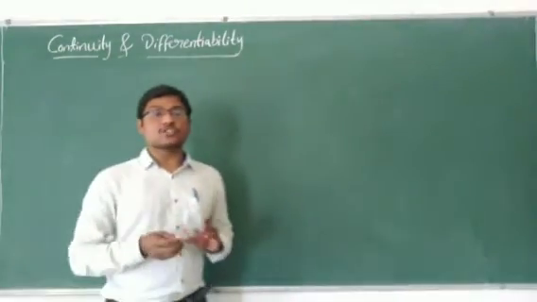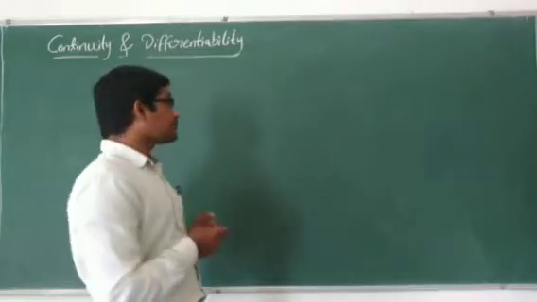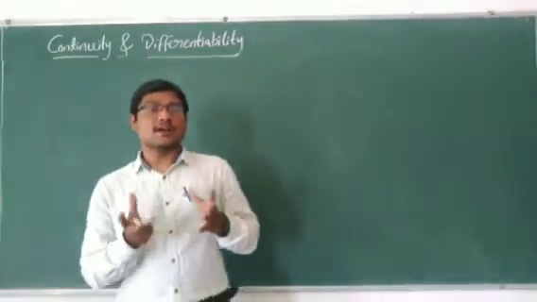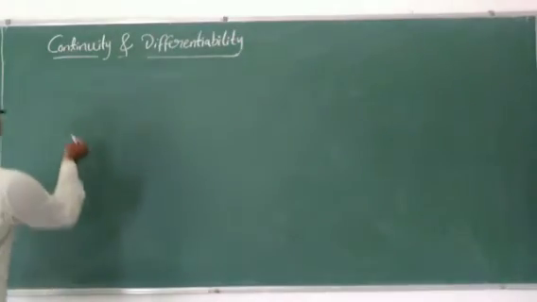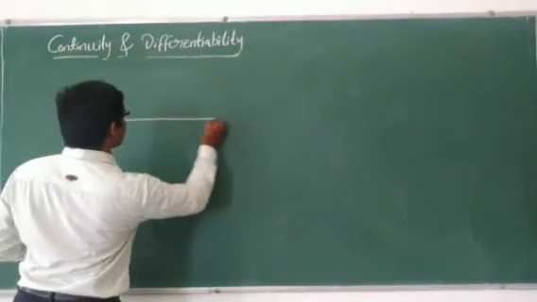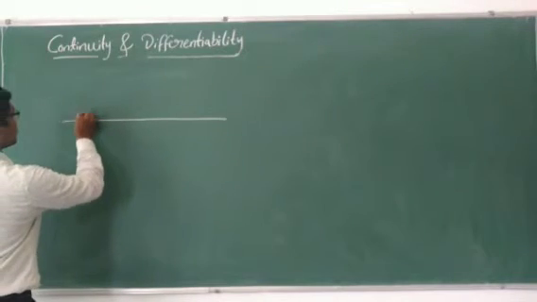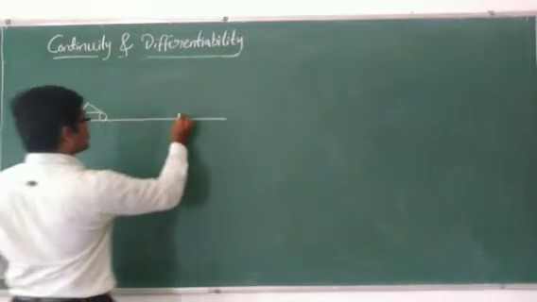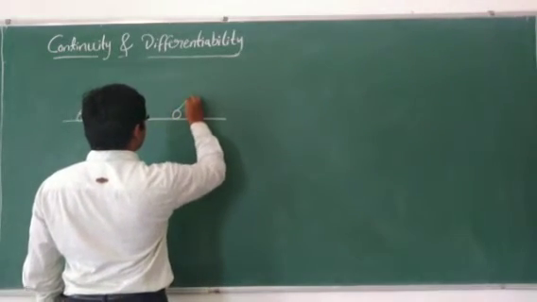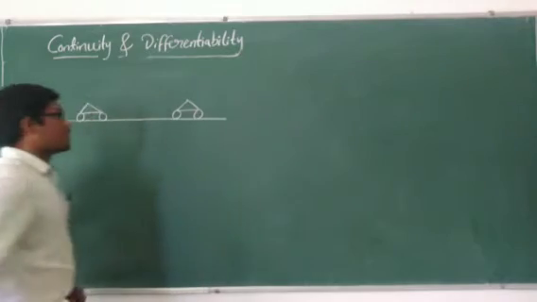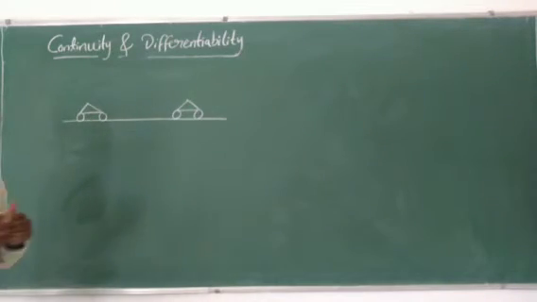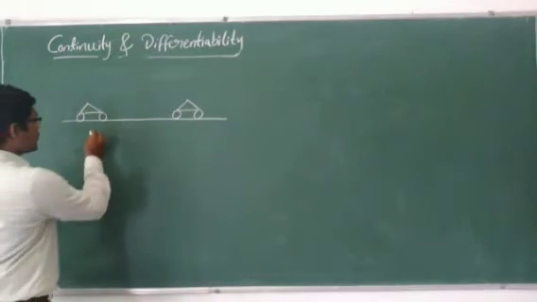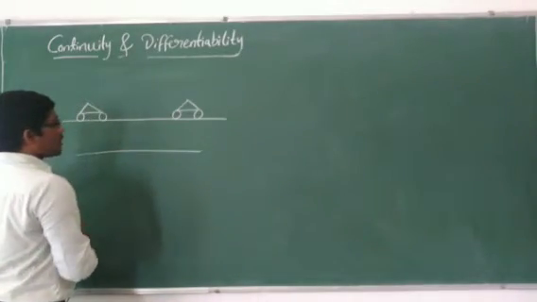Now let's come to the differentiability and continuity topic. Let us start continuity by taking one simple analogy. In a limit, suppose you and your friend are moving in a straight line, and you both finally meet at one common point.